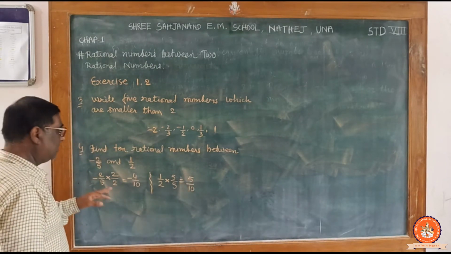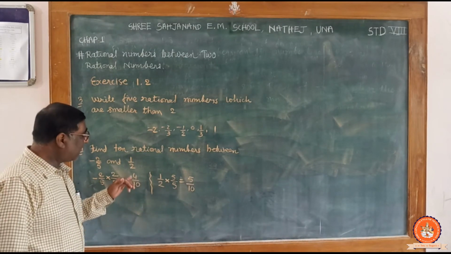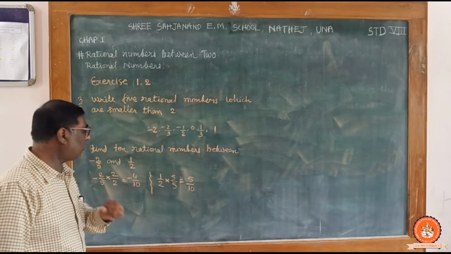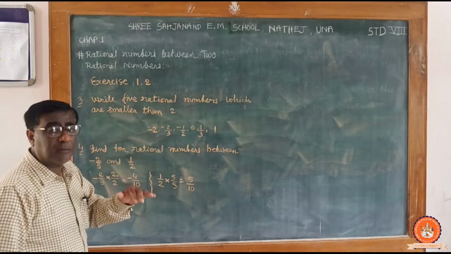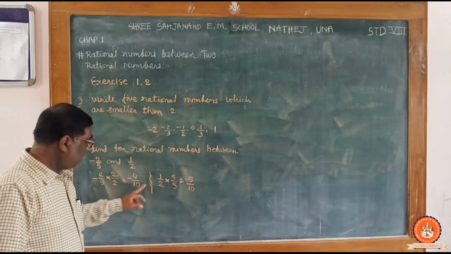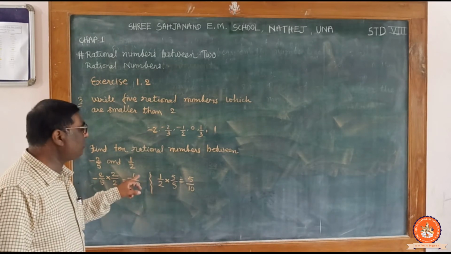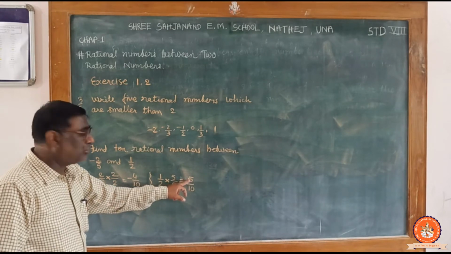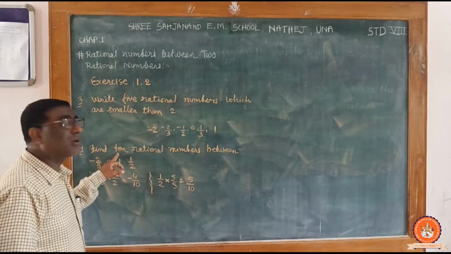Now my friends, minus 4 and 5. Be sure whether the gap between the numerators is 10 or not. Yes, it is so. If it is not, then still we have to multiply to create a gap of 10 between the numerators. When the denominators are common, we have to be sure whether the gap or the difference between the numerators of both the numbers is the given number or not.